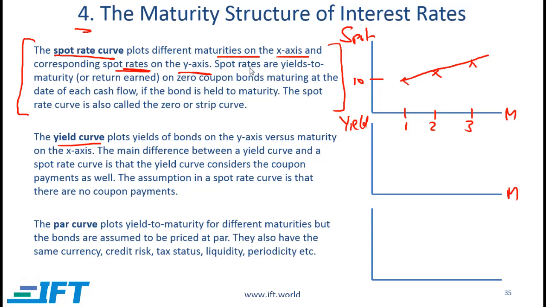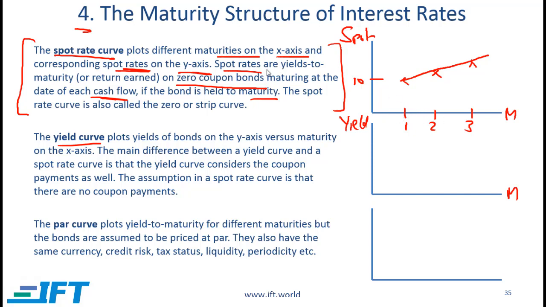As we've discussed before, spot rates are yields to maturity or returns earned on zero coupon bonds maturing at the date of each cash flow if the bond is held to maturity. In other words, when you say you have a 2 year spot rate of 11%, that means that there is no intermediate cash flow during that 2 year period.